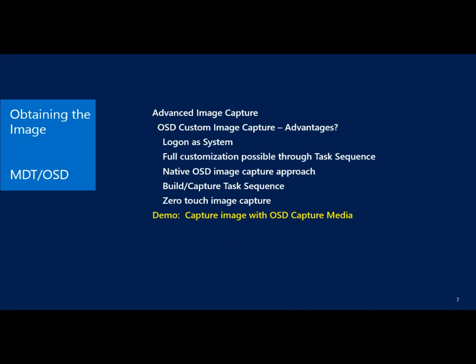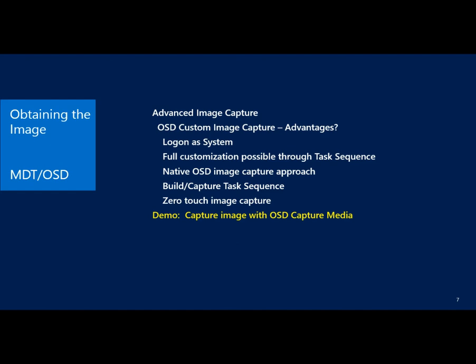And then lastly, zero touch image capture. The whole idea of OSD is that there is zero touch. In 2012, it's actually gotten a bit more flexible to allow light touch because some scenarios and some customers really prefer that. But when OSD was envisioned, it was envisioned as a fully zero touch image capture. The benefit is fully relying on the automation to reduce the potential for human error.